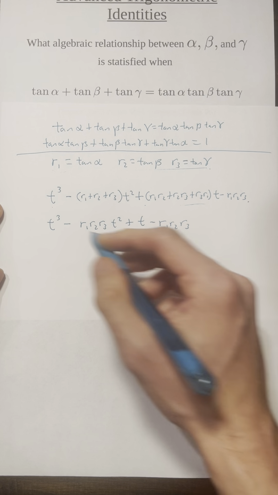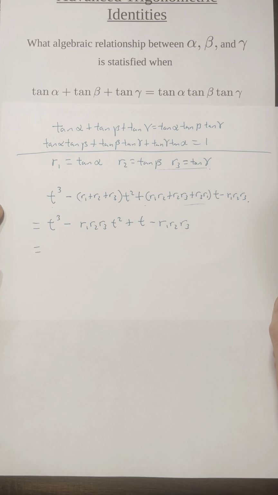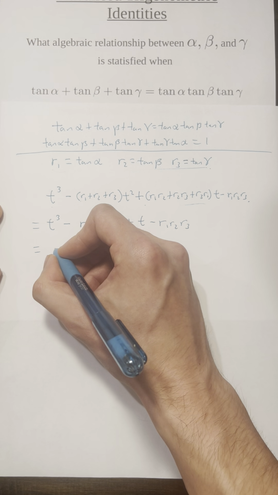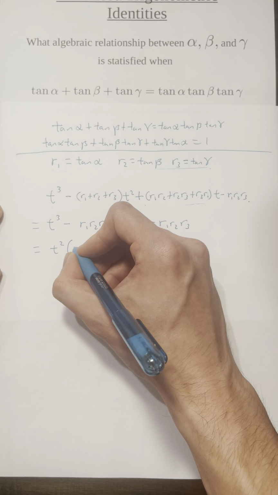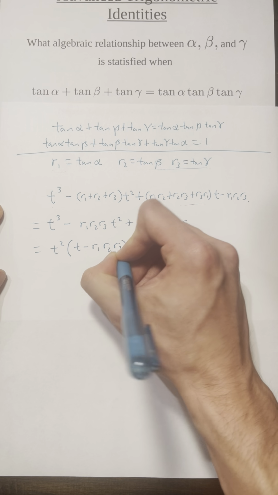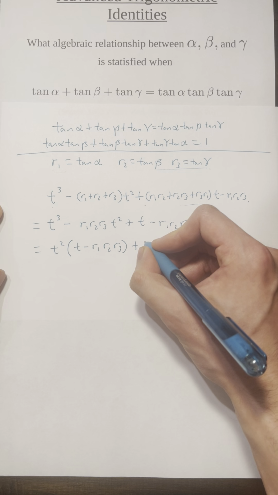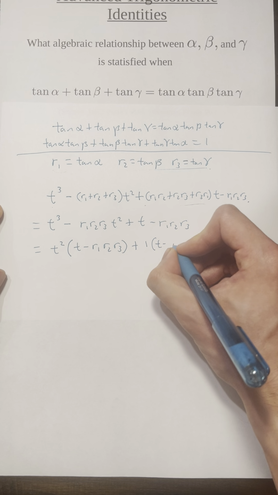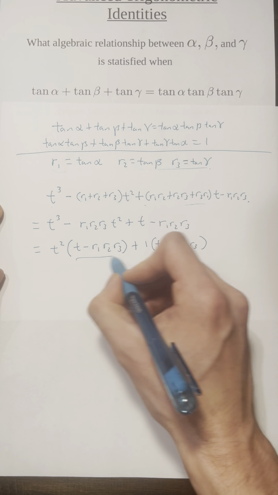Okay, so we can factor this, and what's it going to be? Let's see here. So we can factor out t squared, and then it's going to be times t minus r1 times r2 times r3 plus 1 times t minus r1 times r2 times r3. Okay, and then we can factor this out.